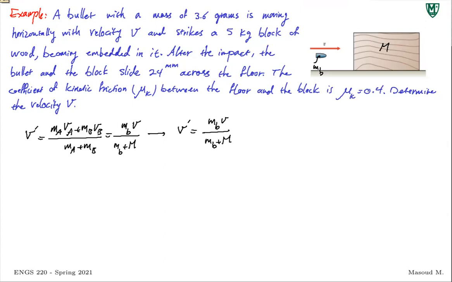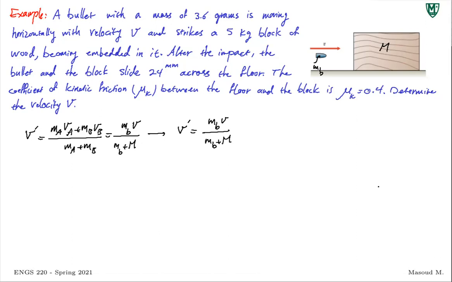From the energy method, we can write the expression. We know where we are at the beginning and where we are at the end. This whole motion is 24 millimeters, and we can use that to find the velocity. Think about it: we have an impact, so each object has its own velocity. The wooden block is sitting there with velocity 0, and the bullet is coming with some velocity.